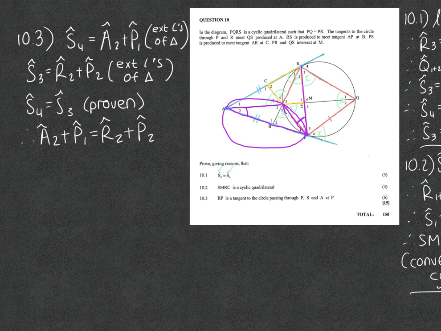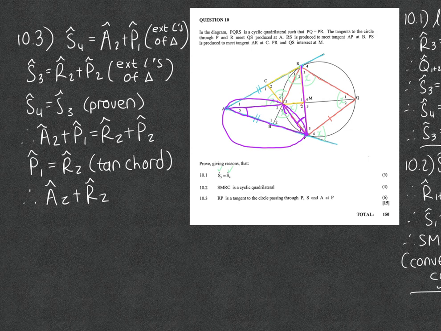Okay, so P1 equals R2. Why? Tan chord. Therefore, let's change everything, that's just going to be A2 plus R2 equals R2 plus P2. Those are going to cancel.